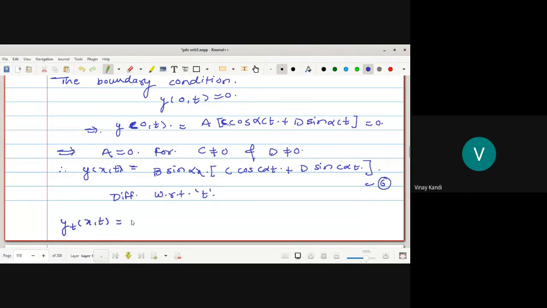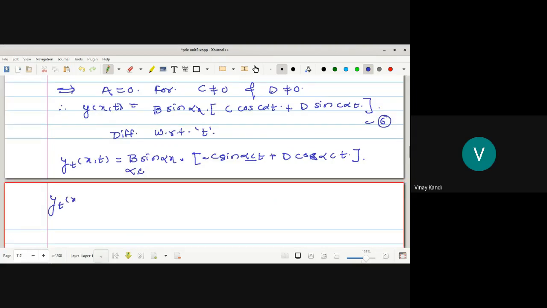This term, b sin alpha x, is as it is, constant, into minus C sin alpha c t into the coefficient of t, that is alpha c, plus D, the derivative of sine is cos alpha c t, into the coefficient of t, alpha c, which is common here. So y_t of x,t is equal to alpha c b.